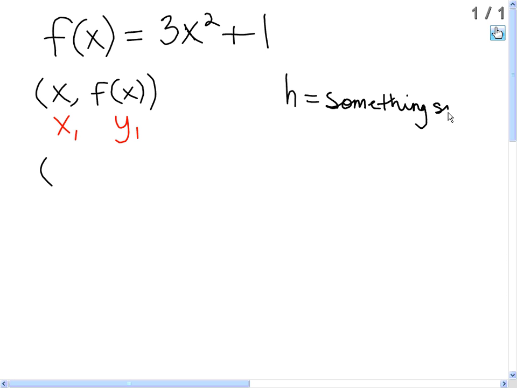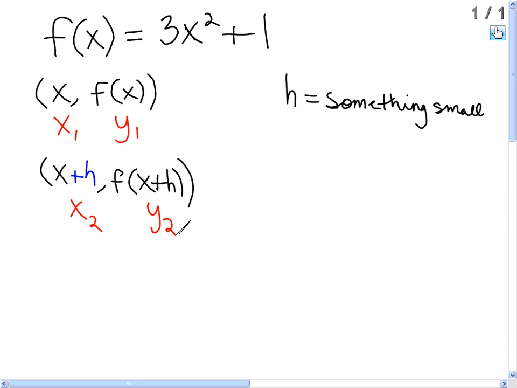So if it's something very small and I add it to x, x plus h would be something very, very close to x. So the y value of this particular point would be f of that x value, which is x plus h. So I'm going to call this point x sub 2, y sub 2.